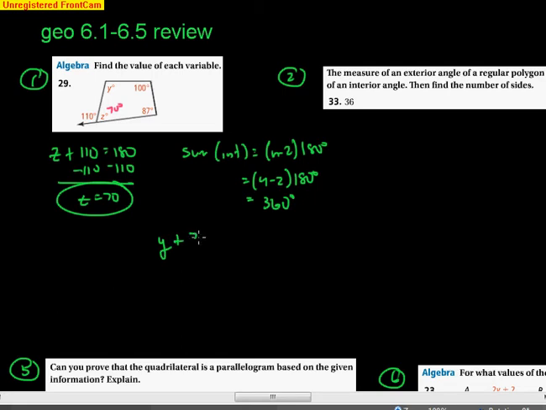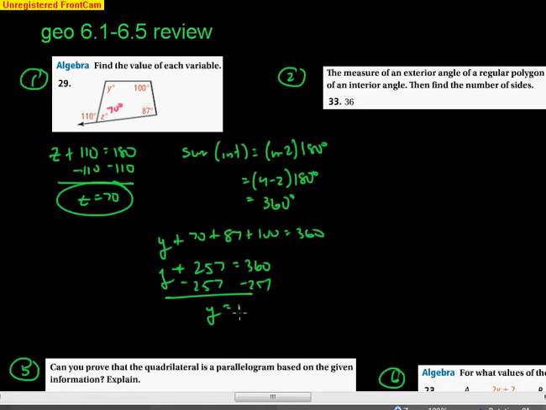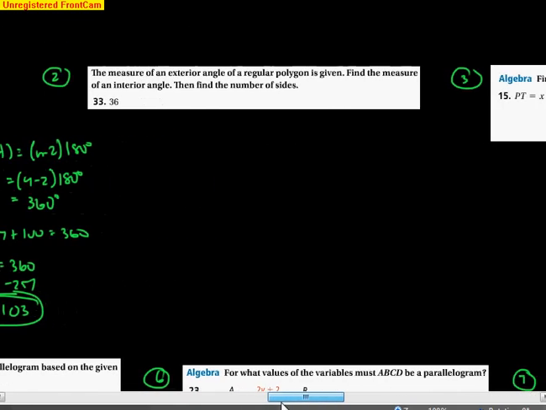Y plus 70 plus 87 plus 100 is 360. Add these 3 angles up. That's 157 and 100 is 257. And subtract 257. And we get y is 103. There you go. Interior, exterior angle problem.